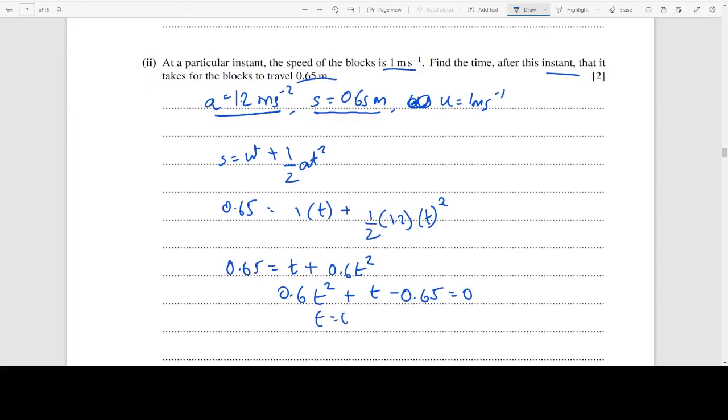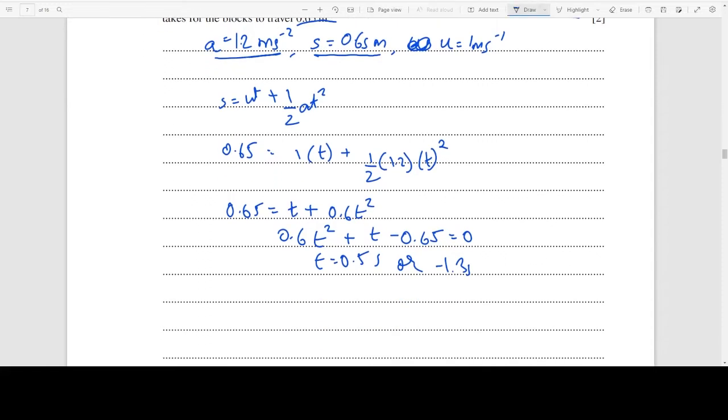So we'll get t as 0.5 seconds or negative 1.3 seconds. But guys, can time ever be negative? No, right? So we'll not take this. Our only answer is t is 0.5 seconds.